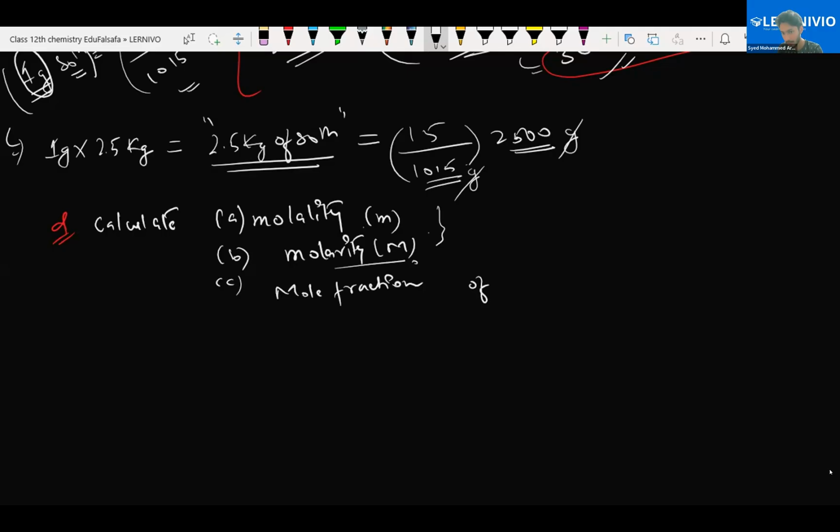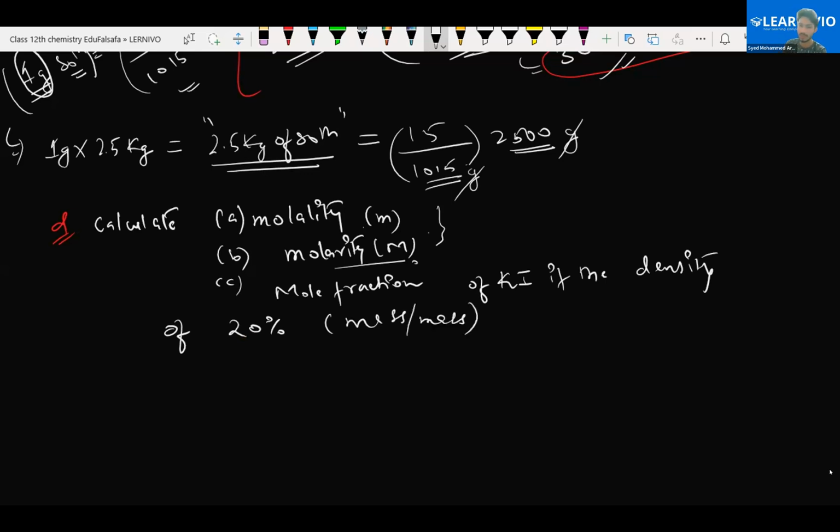of KI, if the density of 20. So in this question I have to tell you about the relation between the density, W by W percentage, and the third thing is what? Tell me.